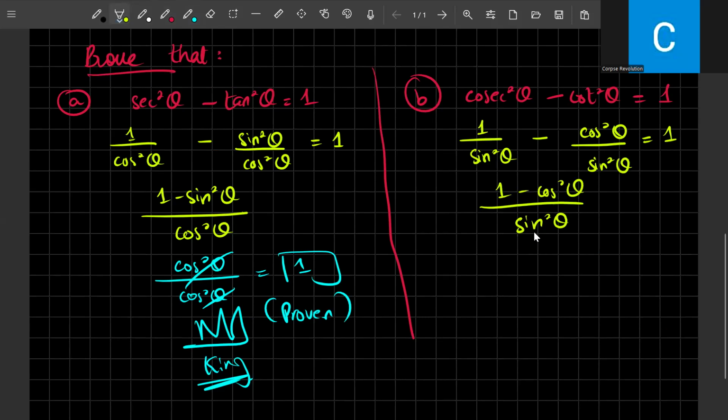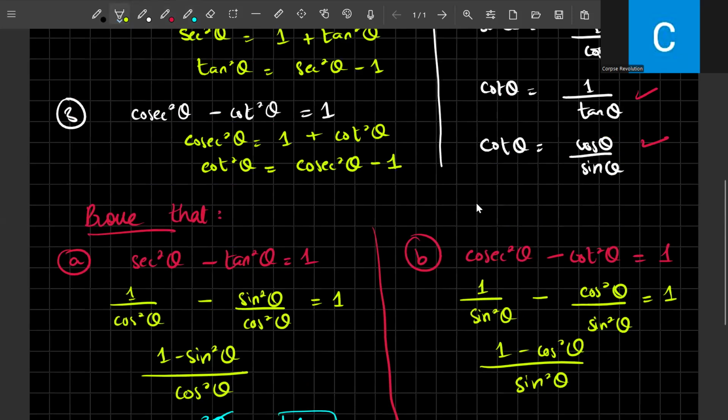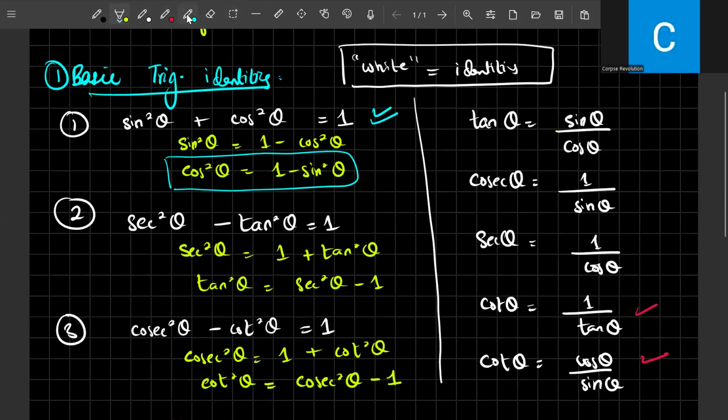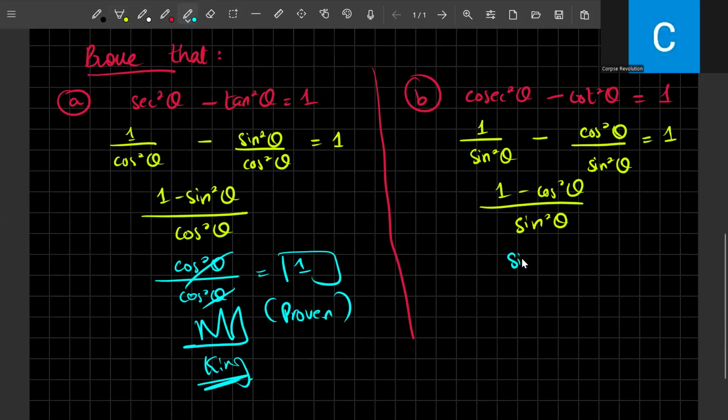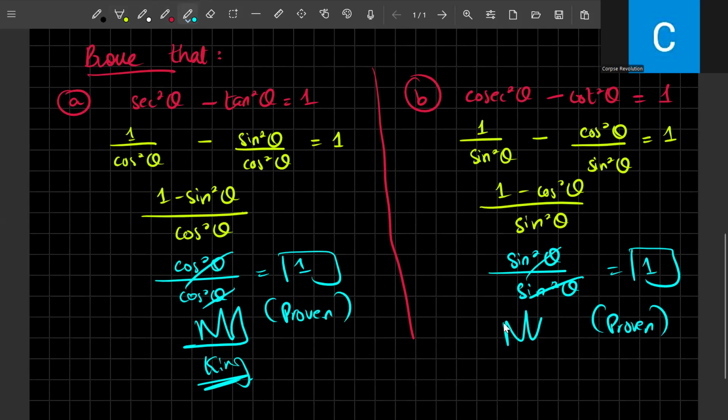All right. So what is 1 minus cos square theta again? It is simply rearranging this identity. So 1 minus cos square theta is sine square theta. Sine square theta upon sine square theta cancels out, and the answer is 1, and thus we have proven it.